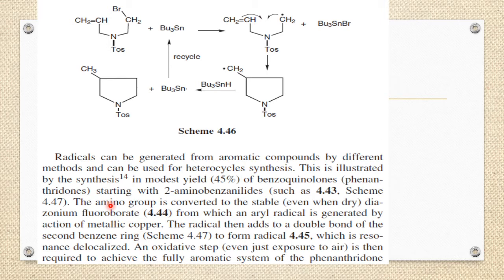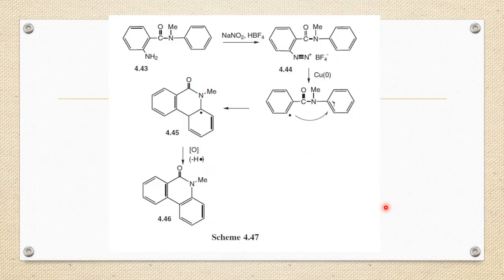In other cases, they start with 2-amino benzanilides, this sort of compounds. You have sodium nitrite and HBF4, which brings about the diazotization of this molecule, creating a diazonium salt. This, in reaction with a copper center, will create a radical at this stage.